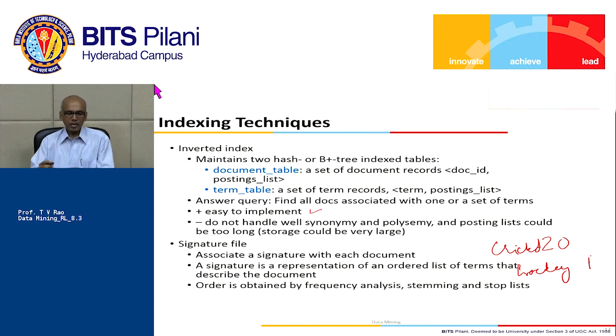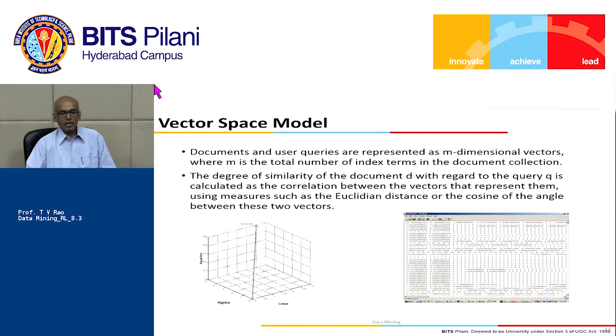When we are creating a signature, we can create an ordering saying that cricket is far more important for this document than hockey. So thereby we may be able to get a greater insight, and when we are doing mining, this can facilitate. The other approach beyond the Boolean model is the vector space model.